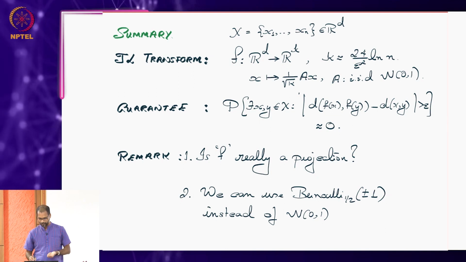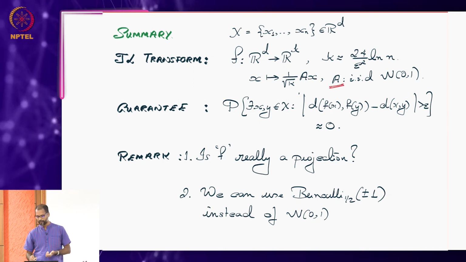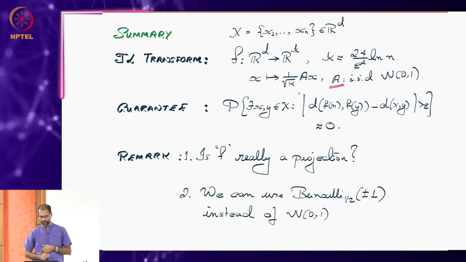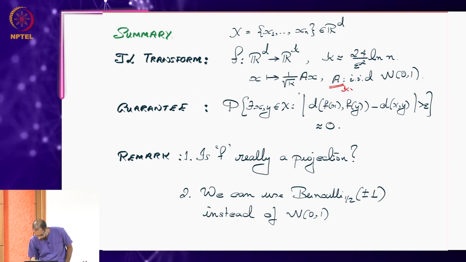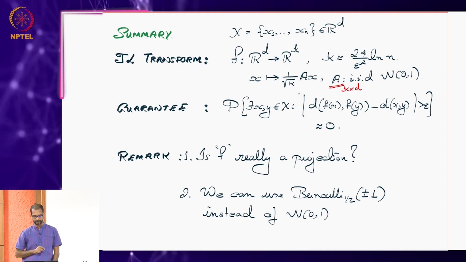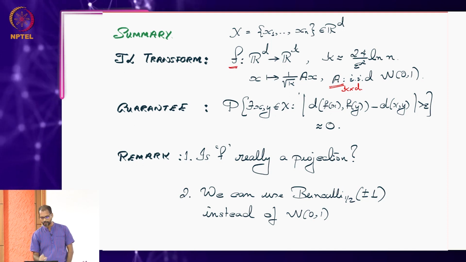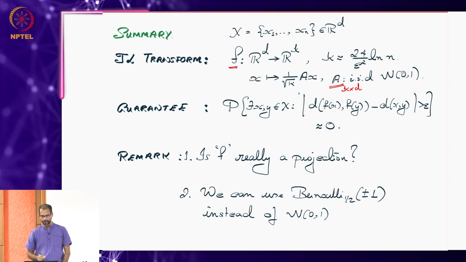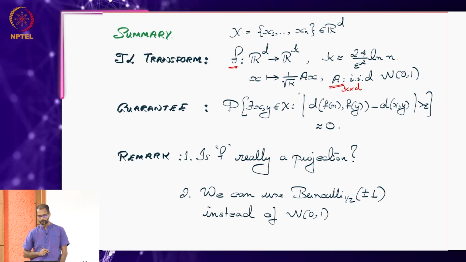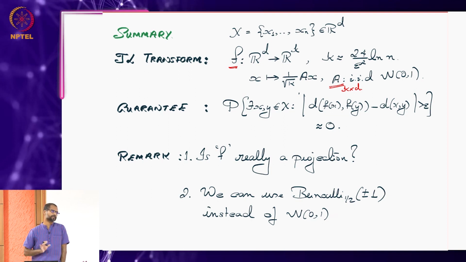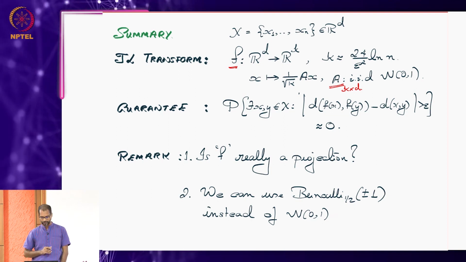You take a k by d matrix A where each entry is normal 0 1, and the transformation is a mapping from Rd to Rk by taking x to 1 by root k times A times x. This is the mapping, independent of the data.